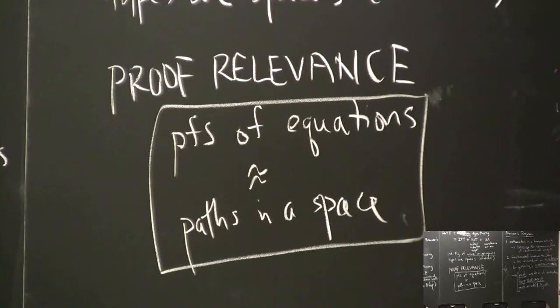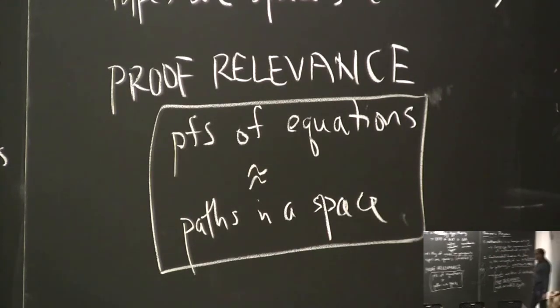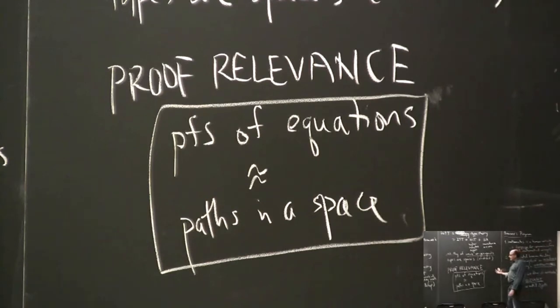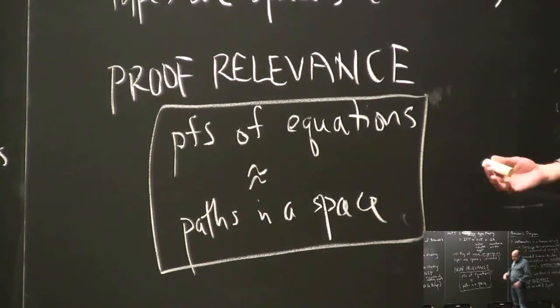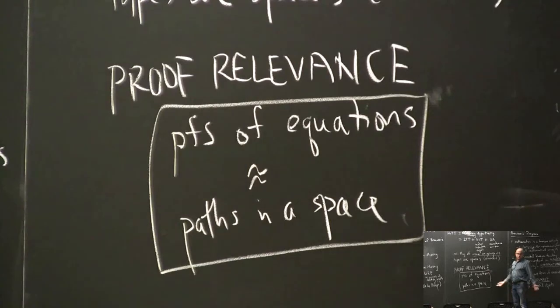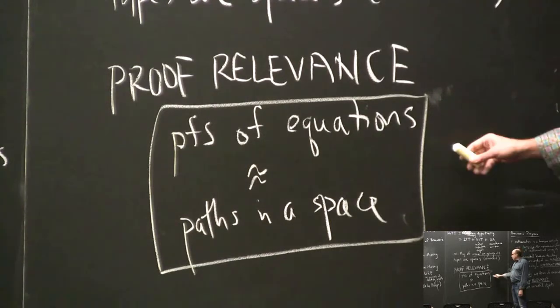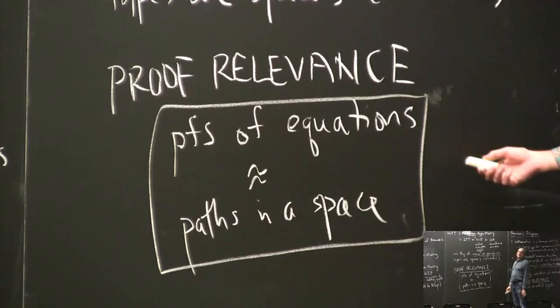Now, as a matter of fact, the thing that makes homotopy type theory interesting is the fact that the homotopy theorists never thought of this idea. Okay? This never came up. From the point of view of constructive type theory, it's the most natural thing in the world.